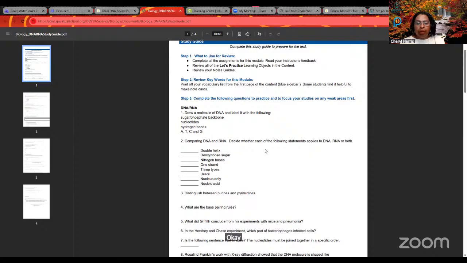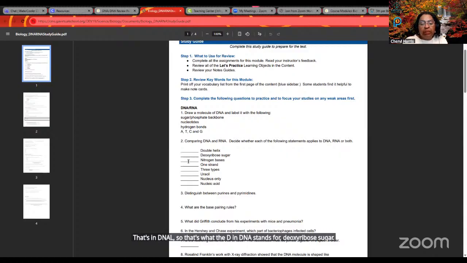Okay, so again, I'm going down the line. DNA is a double helix. Deoxyribose sugar is our little house-looking structure. That's in DNA also. That's what the D in DNA stands for, deoxyribose sugar.